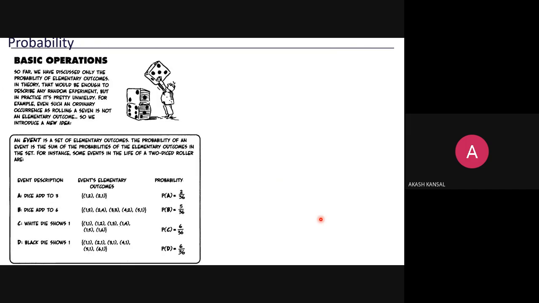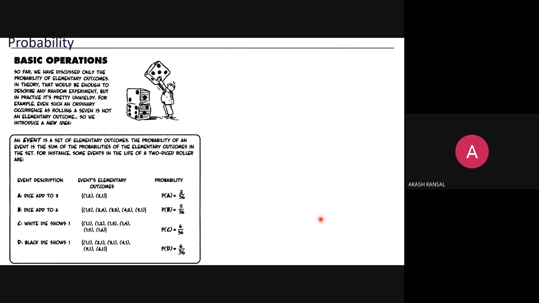Moving on, we'll come to the basic operations, and we will define what an event is. An event is a set of the elementary outcomes. Let's say we are doing a random experiment where we are rolling two dice at once. Now there can be different events depending on the user defining the event.